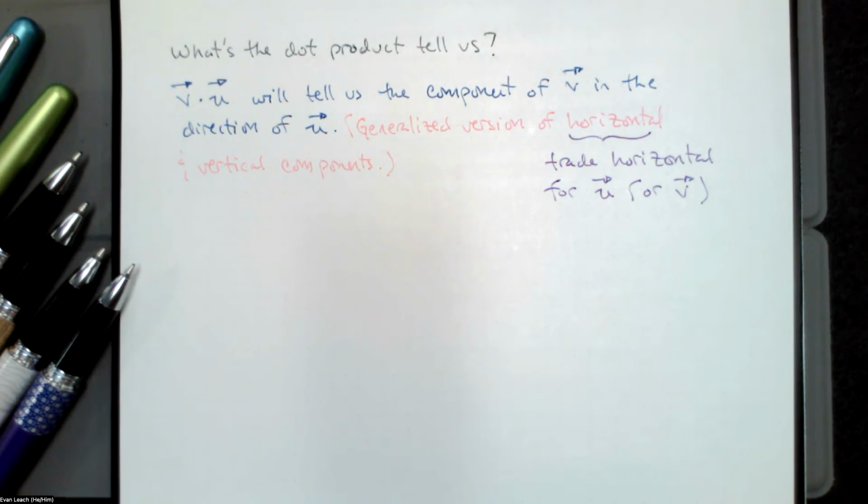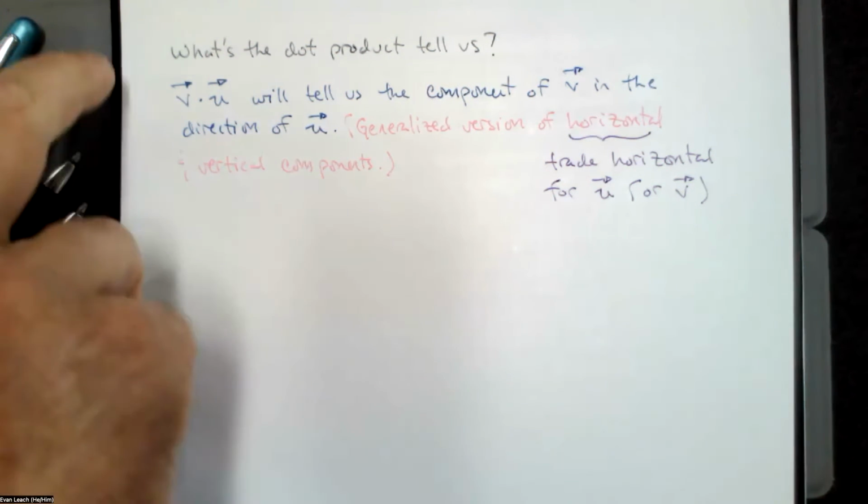So it's going to be the projection of v onto u. It'll tell us how big is the projection of v onto u. The reason I picked horizontal is because the second definition of the dot product, magnitude of v times the magnitude of u times the cosine of the angle. Cosine was related to the horizontal one.